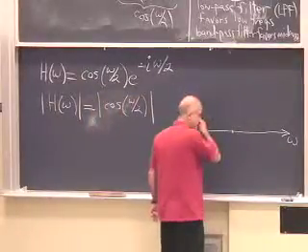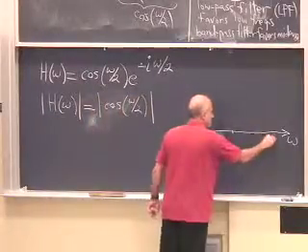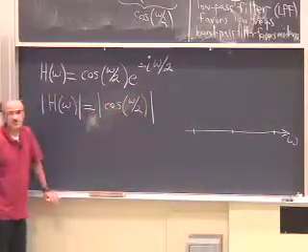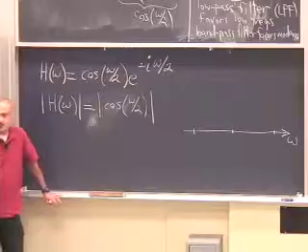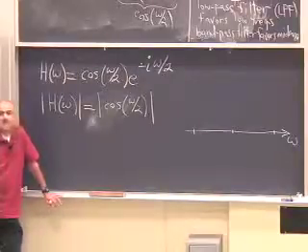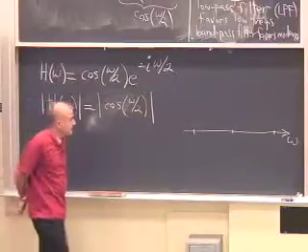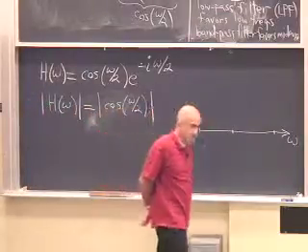So plot this. If you want, you can plot it from 0 to 2 pi. If you want, you can plot it from minus pi to pi. Just do it. Minus pi to pi is probably a little better.